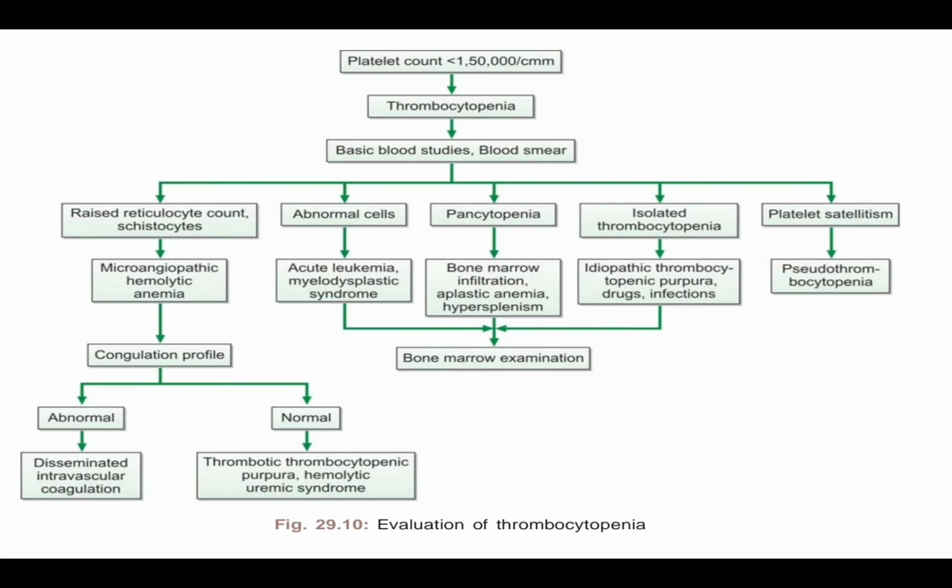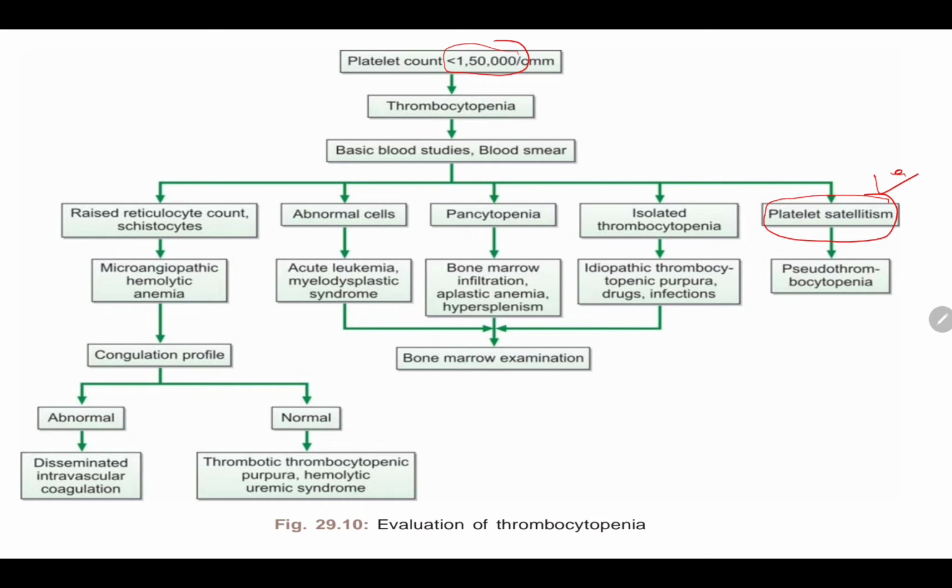Now, first we suspect the bleeding disorder in patients having a platelet count less than 1.5 lakh, which is also known as thrombocytopenia. Then we start with the basic studies like CBC and peripheral smear. The most common presentation, or the pseudothrombocytopenia, might be due to platelet clumping. First rule out this cause.